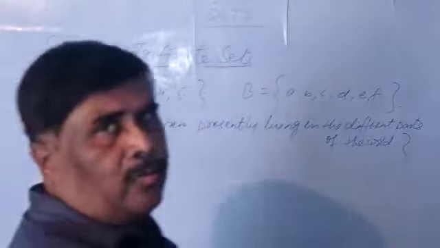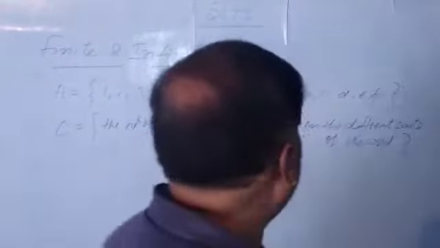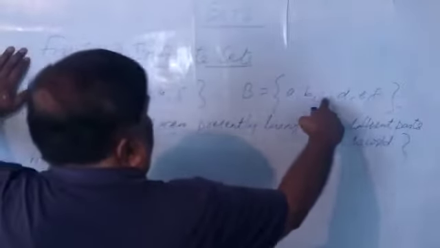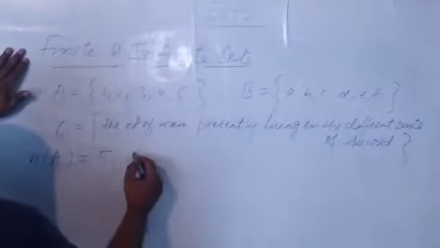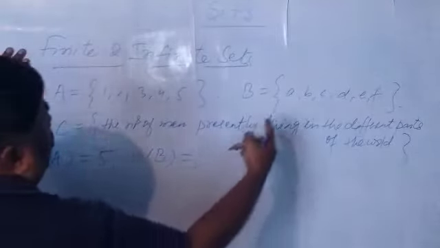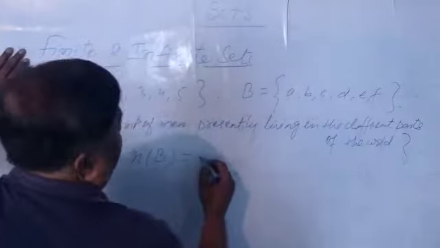When we observe these sets one by one, the number of elements in set A is 5. Here we also show the number of elements symbolically like this: n(A) is equal to 5. The number of elements in set B is 1, 2, 3, 4, 5, 6, so n(B) is equal to 6.